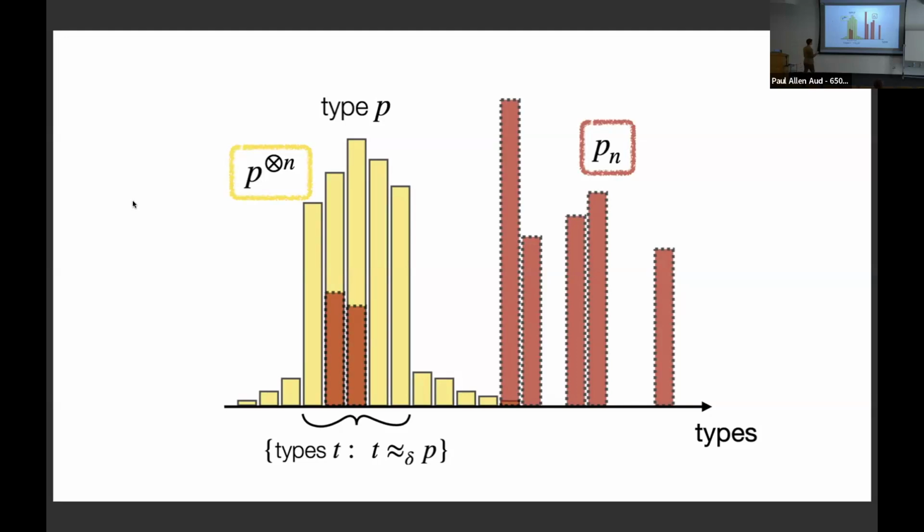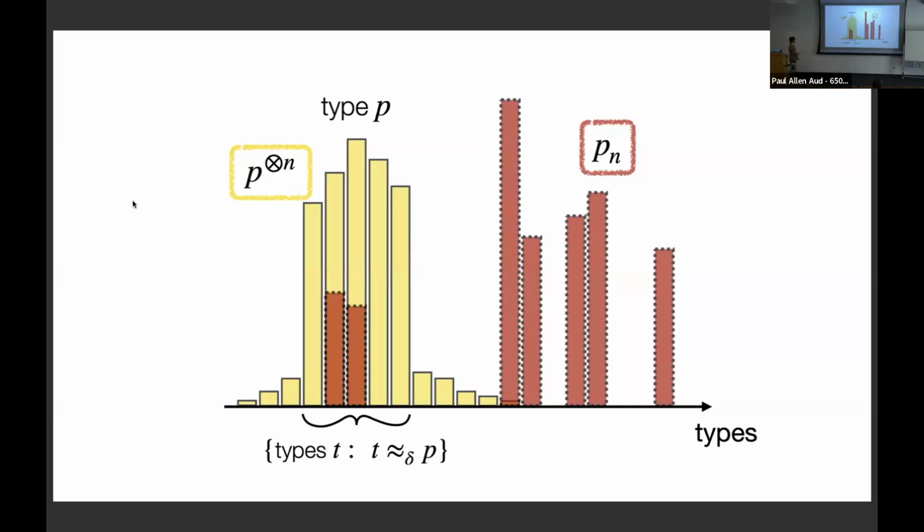But the important thing is that since most of the weight of P tensor n is concentrated in this region, in fact, asymptotically, all the weight is concentrated in this region, there are only small tails. If Pn wants to be a distance epsilon from that, and epsilon is not 1, it will have to have at least 1 minus epsilon weight over this ball of types where P tensor n has all the weight. Otherwise, they are orthogonal.